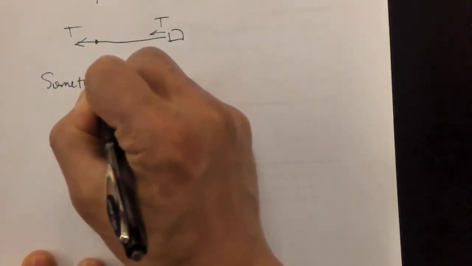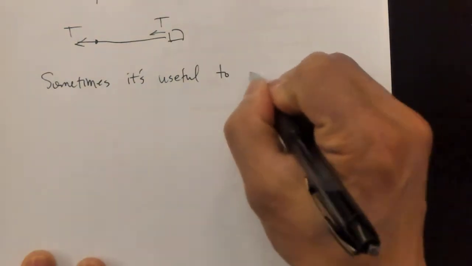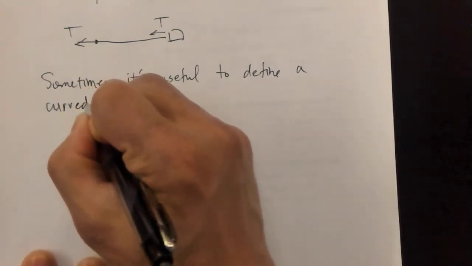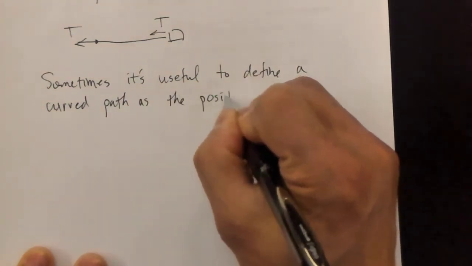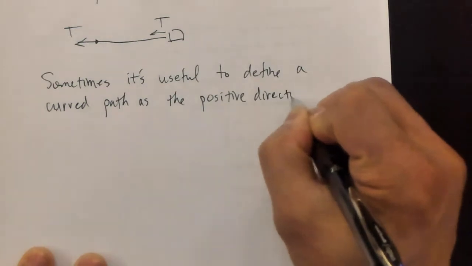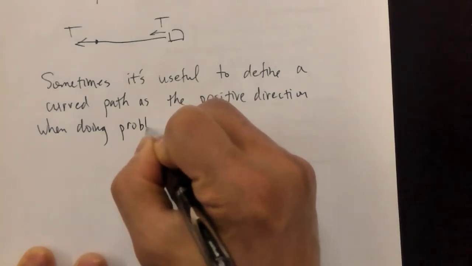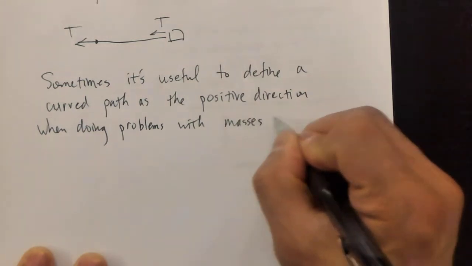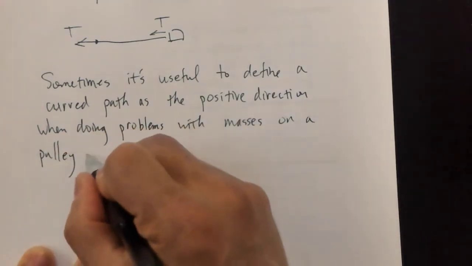Okay, so sometimes it's useful to define a curved path as the positive direction, even though it's not straight, when doing problems with masses on a pulley. Let's say just one pulley.